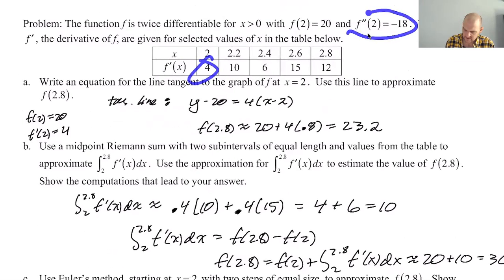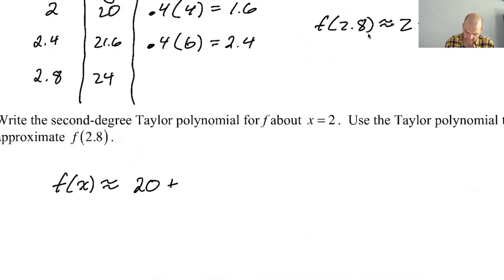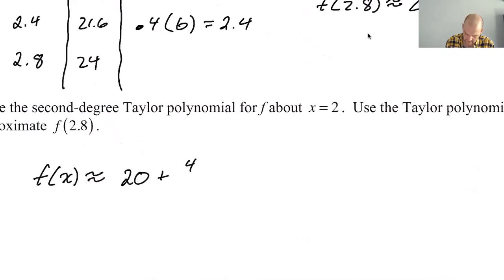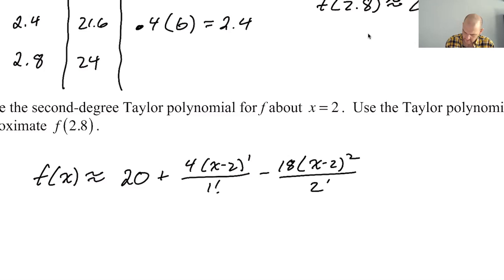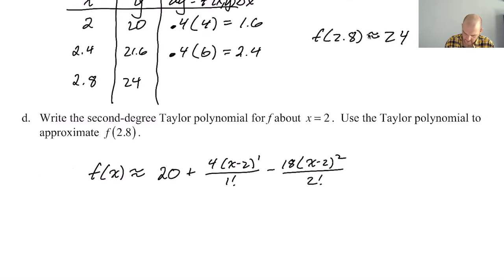And then we're also told f double prime is -18, so that we're going to use. So it's f prime, which is 4, times x minus 2, over 1 factorial. And then minus 18, x minus 2 squared over 2 factorial. This is the second degree Taylor polynomial.